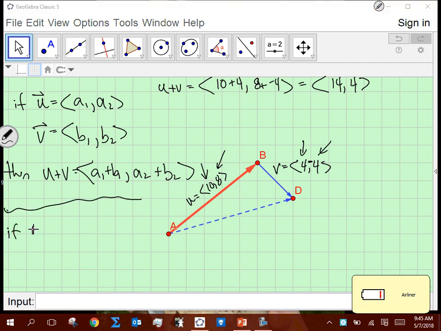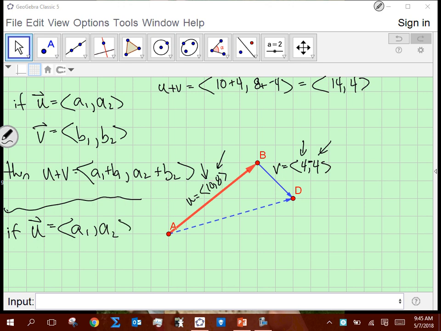If u is equal to a1, a2, then u plus u plus u would equal a1 plus a1 plus a1, comma, a2 plus a2 plus a2, wouldn't it?